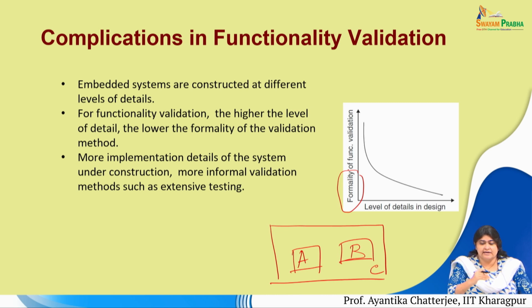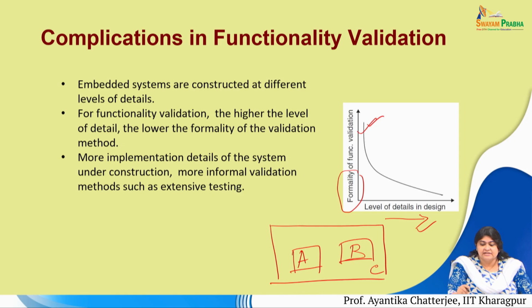With this concept we can explain the graph on the right hand side. We can see that as the level of details increases in the design, when we are at the granular level, the formality or complexity of functional validation is very high.